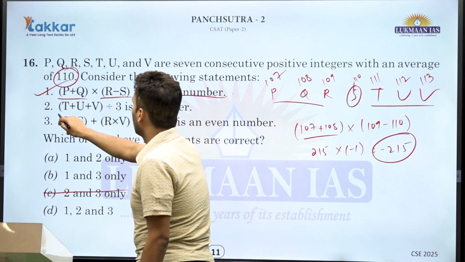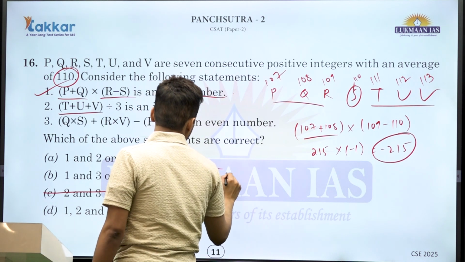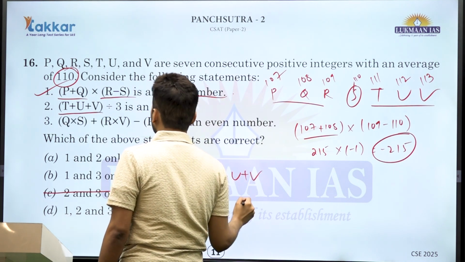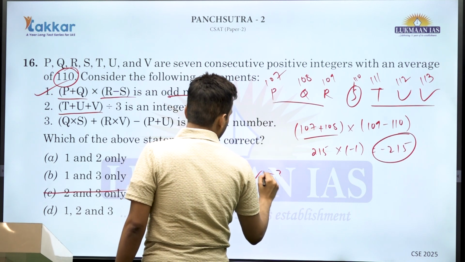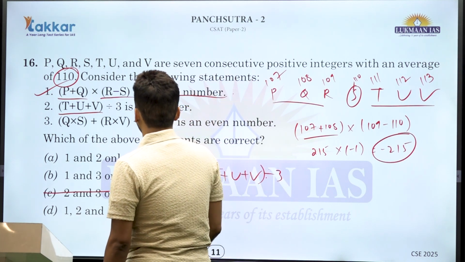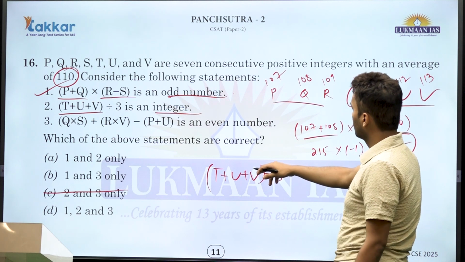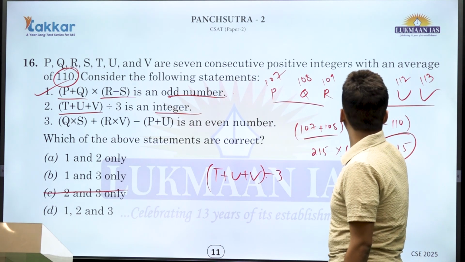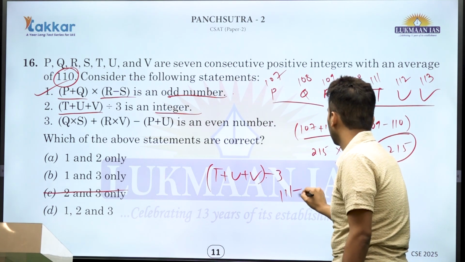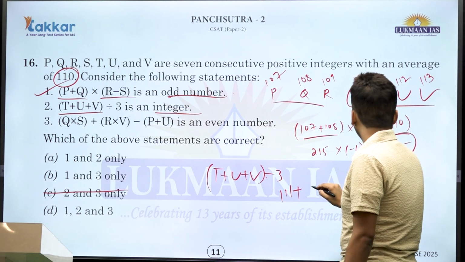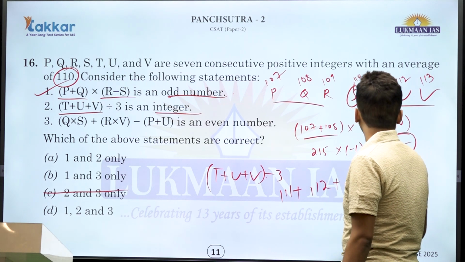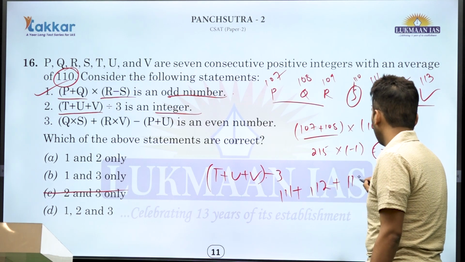Now let's move on to the next. T plus U plus V divided by 3 is an integer. Let's see. What is T? T is 111. U is 112. V is 113.